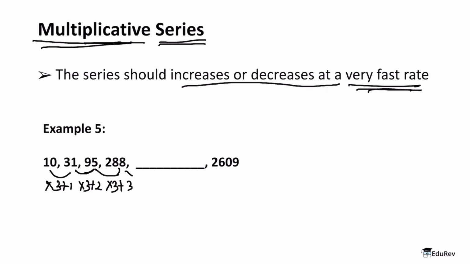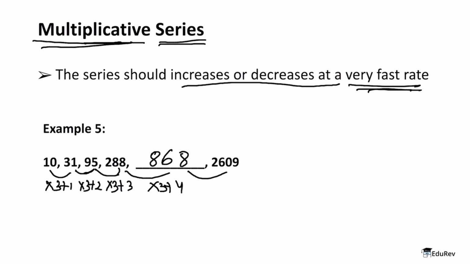So this means that the next one should be, according to this pattern, into 3 plus 4. So what is 288 into 3? That would be 864, and 864 plus 4 would be 868.